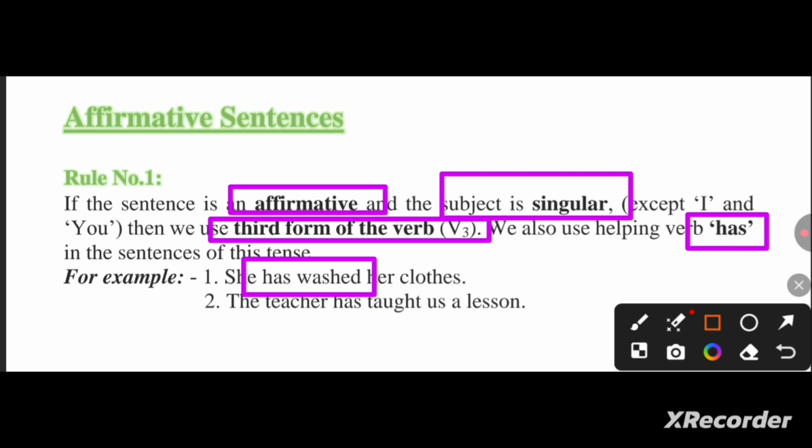Helping verb has been used because the subject is singular, and third form washed has been used. First form is wash, second is also washed, third one is also washed. Now, in the second sentence, the teacher has taught us a lesson. Teacher is a singular one. Helping verb has been used because the subject is singular, and third form taught has been used over here.